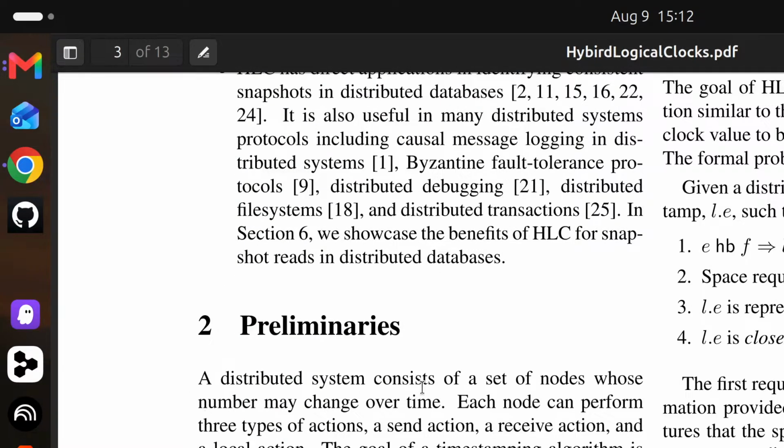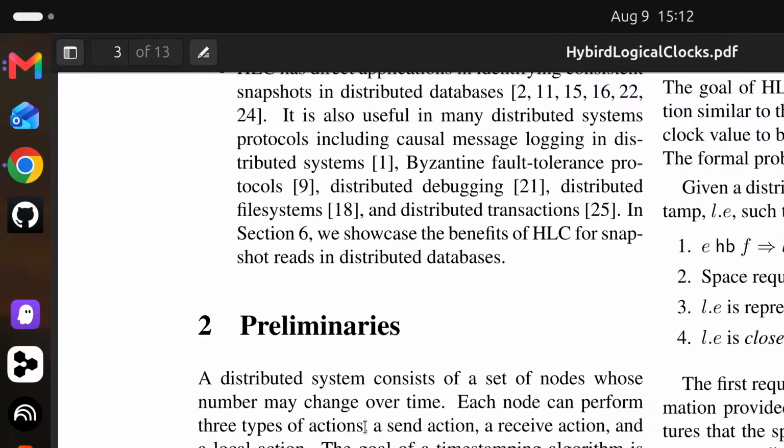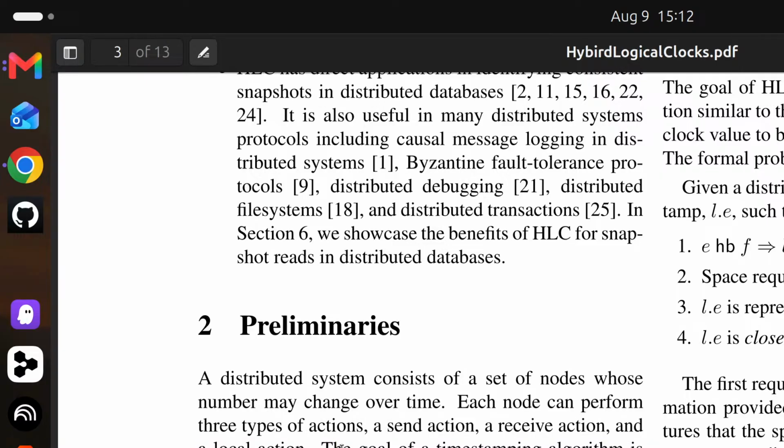Preliminaries. A distributed system consists of a set of nodes, whose number may change over time. Each node can perform three types of actions: a send action, a receive action, and a local action. The goal of a timestamp algorithm is to assign a timestamp to each event.